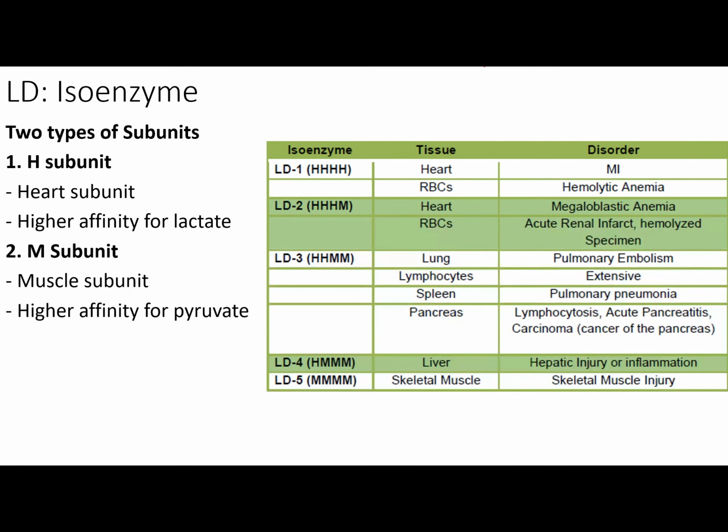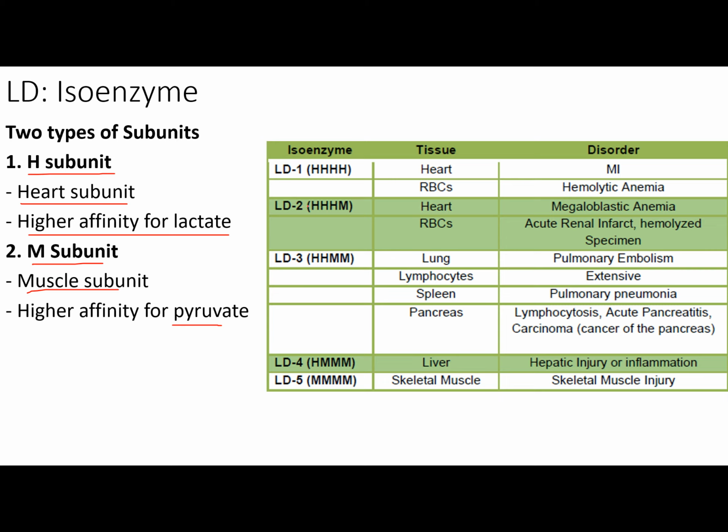Now, the LD isoenzyme, class, is made up of 2 subunits, the H subunit and the M subunit. H subunit stands for the heart subunit and has a higher affinity for lactate. While the M subunit, class, is the muscle subunit, has a higher affinity for pyruvate.